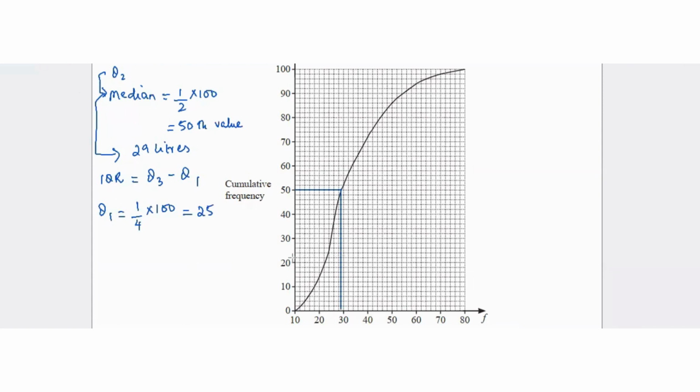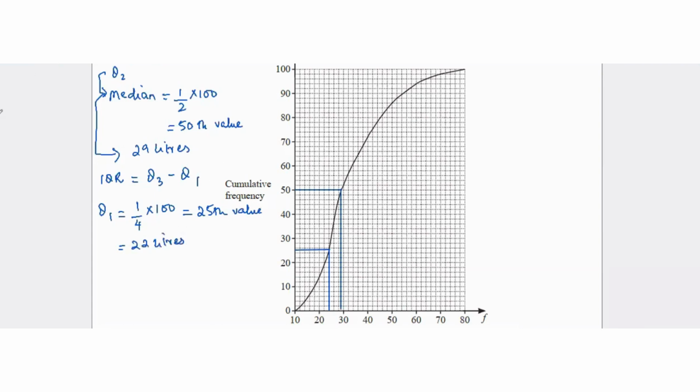Reading the graph, the lower quartile is 22 liters.